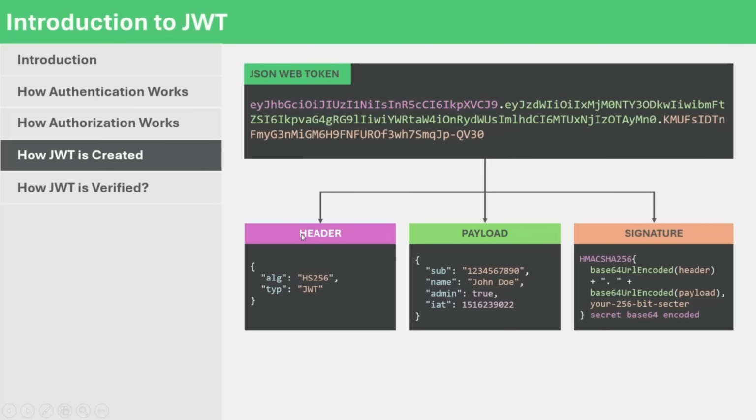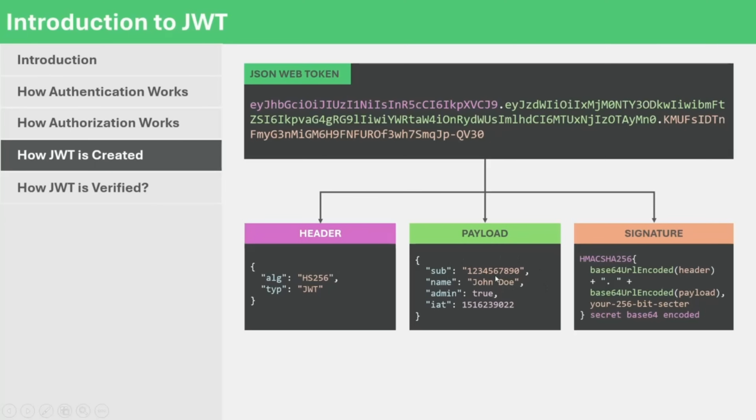It has three parts: header, payload, and signature. The header is just the metadata about the token which we are creating. So basically it contains information like what algorithm we are using in order to generate that JSON Web Token and what is the type. Here the type is JWT. Okay, then the payload is the second part of the JWT string, and it contains the data that we want to encode into the token.